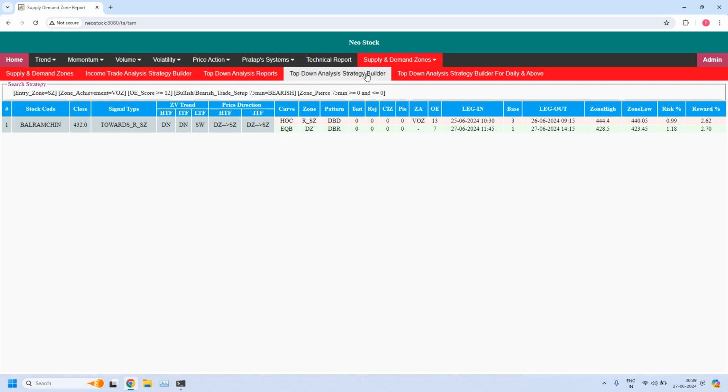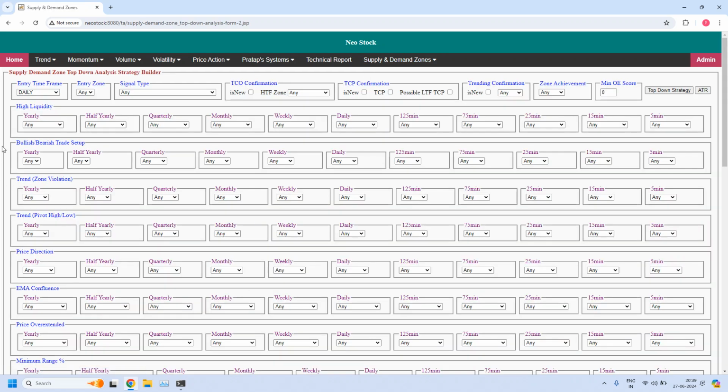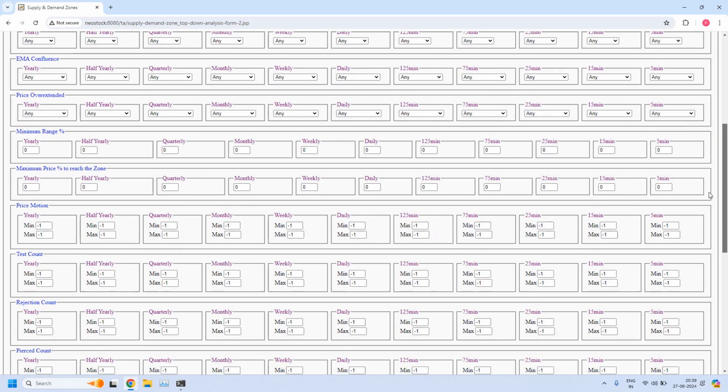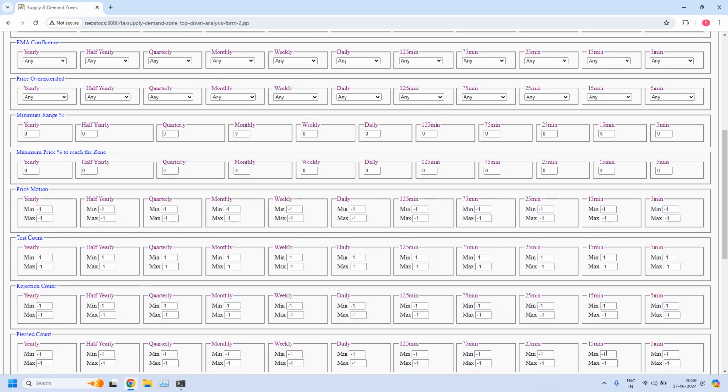Next report we will generate. Next report is a bullish trade setup for daily income trade. In daily income trade, entry time frame is 15 minutes. Entry zone is demand zone. In bullish or bearish trade setup, in 15 minutes time frame, I am selecting bullish, and the 3 filters. The first filter, pierced count for 15 minutes time frame, should be set to zero.